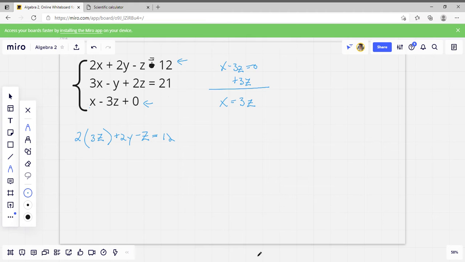There we go. So 2 times x, which is 3z, plus 2y minus z equals 12. I'm going to distribute right here: 6z plus 2y minus z equals 12. Now I'm going to put my z's together. That'll be 5z plus 2y equals 12.